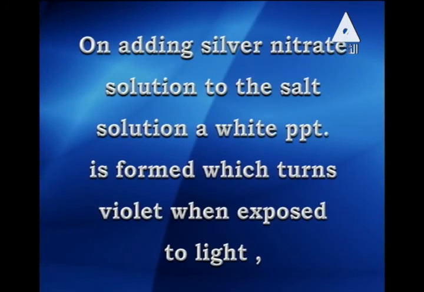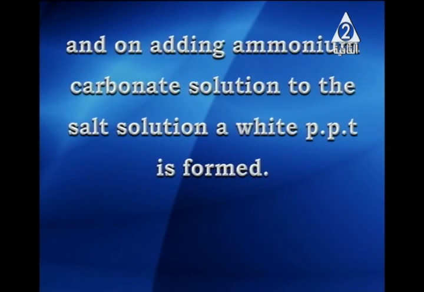Next one. When adding silver nitrate solution to the salt solution, white precipitate is formed, which turns violet when exposed to light. And on adding ammonium carbonate solution to the salt, white precipitate is formed. My dear students, here we have two experiments. Each one tests a radical, one testing the acidic radical and the other testing the basic radical.